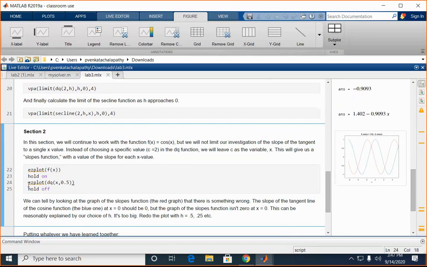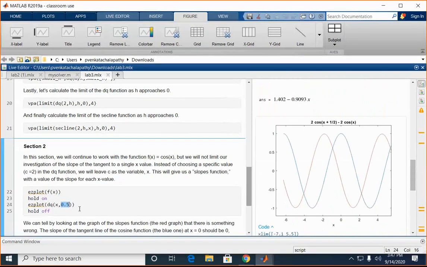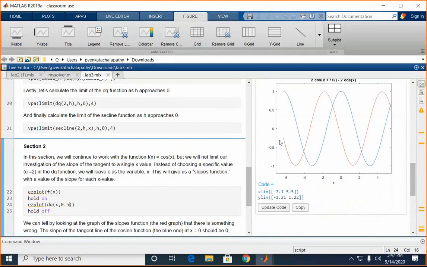I'm going to give my h value as 0.5 and see whether it touches the 0th point or not. Once I do that, you can see it is not touching at all. So let me check whether it works for very small values of h. I'm going to give it as 0.25 and run the code.